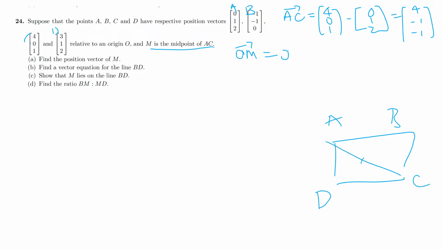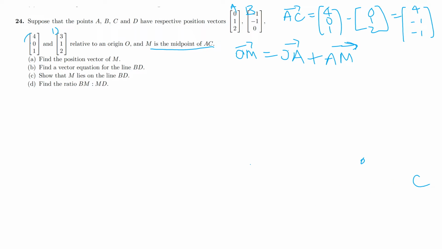And AC, the middle of it is M. So another way to find OM, let's say O is here, is to go OA and then AM. So sometimes you might need a picture just to see it, or you could use your algebraic knowledge. To go from O to M, I just have to slip a different letter in between, and in this case, A is quite handy.